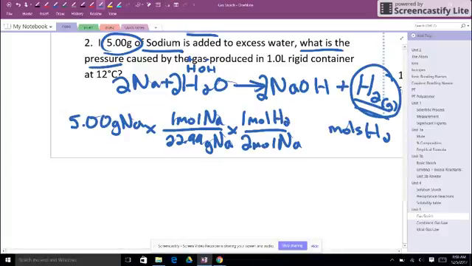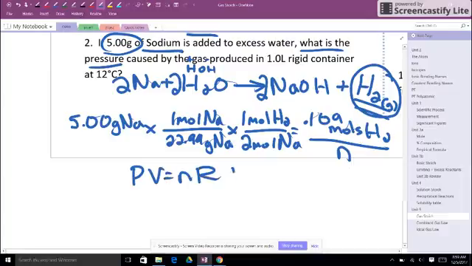So here we have 5 grams divided by 22.99 divided by 2, and we end up with 0.109 moles of H2 gas.